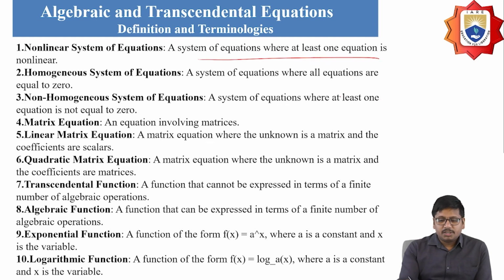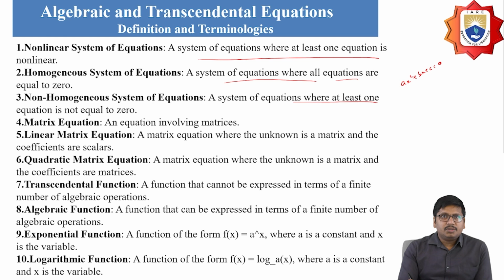A system of equations where at least one equation is nonlinear is a nonlinear system. Homogeneous means a system of equations where all equations are equal to 0. And non-homogeneous means a system where at least one equation is not equal to 0.